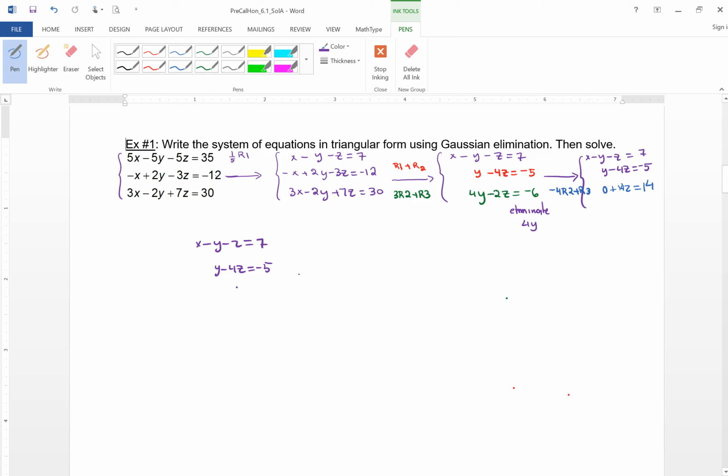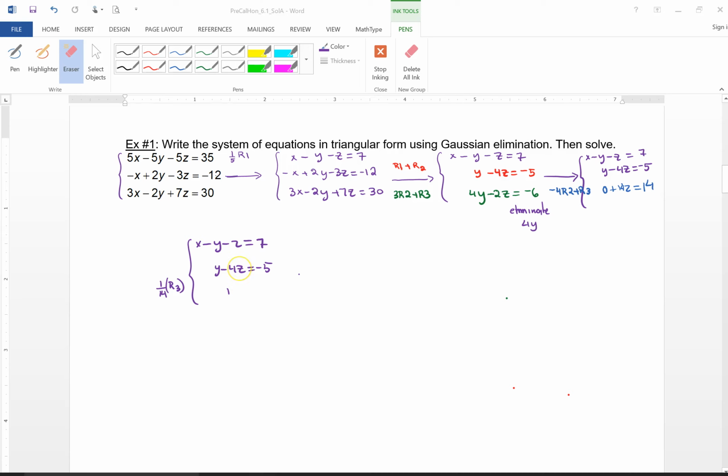And now here, 14z equals 14, but I'm going to divide row 3 by 14. So it'll just be z equals 1. It's hard to see, but it's 14z equals 14.